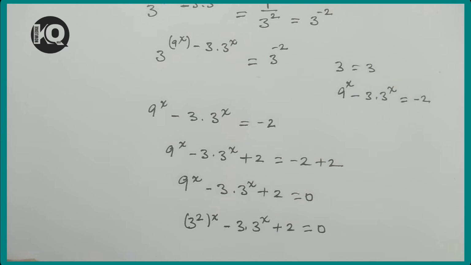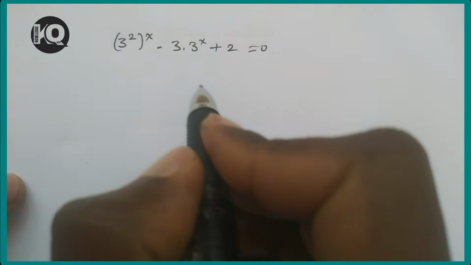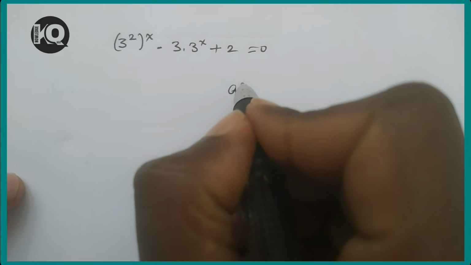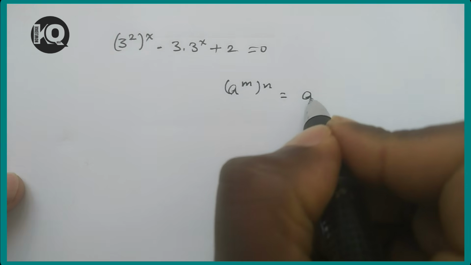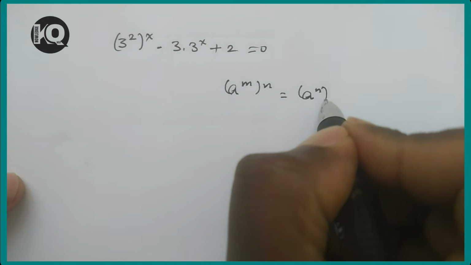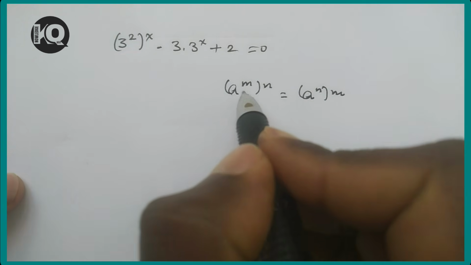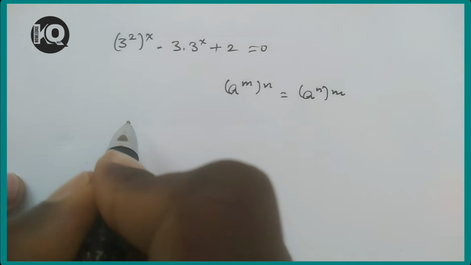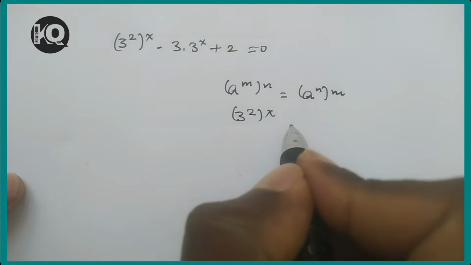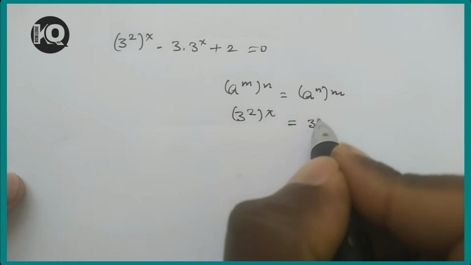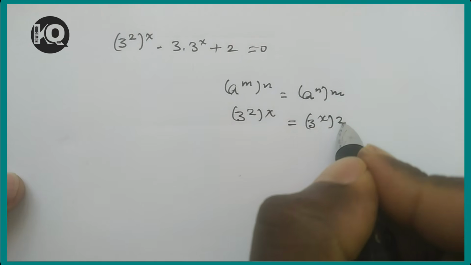We know that (a^m)^n is equal to (a^n)^m. Applying this rule to this term, (3^2)^x is equal to (3^x)^2.